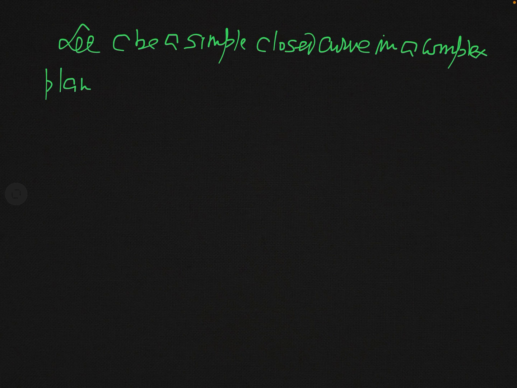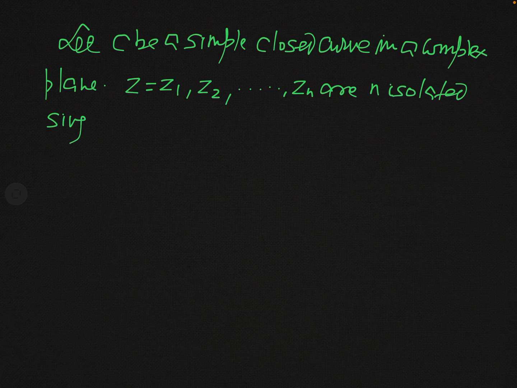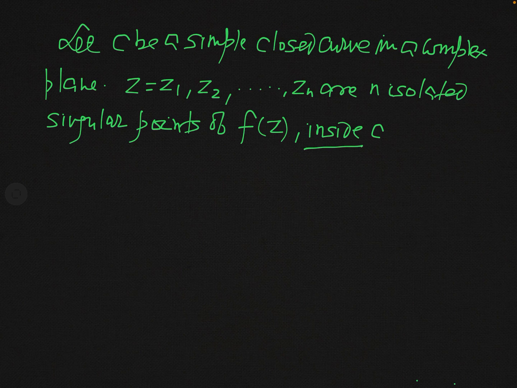In a complex plane, z equal to z1, z2, and so on zn are n isolated singular points of a function f of z inside C. Remember, these are singular points, and in fact isolated singular points inside the closed curve C.